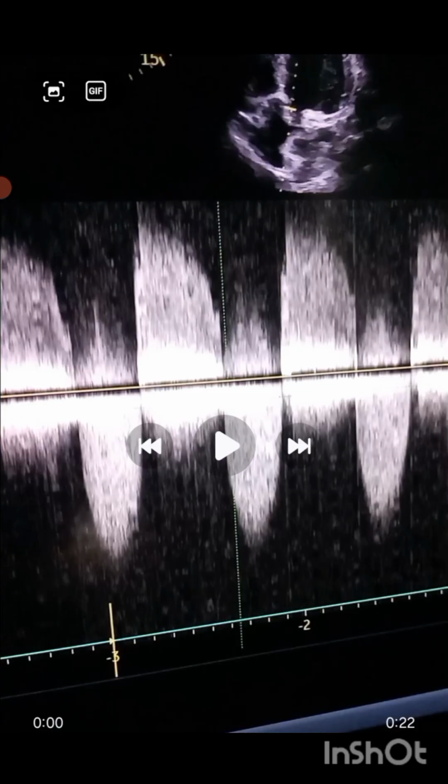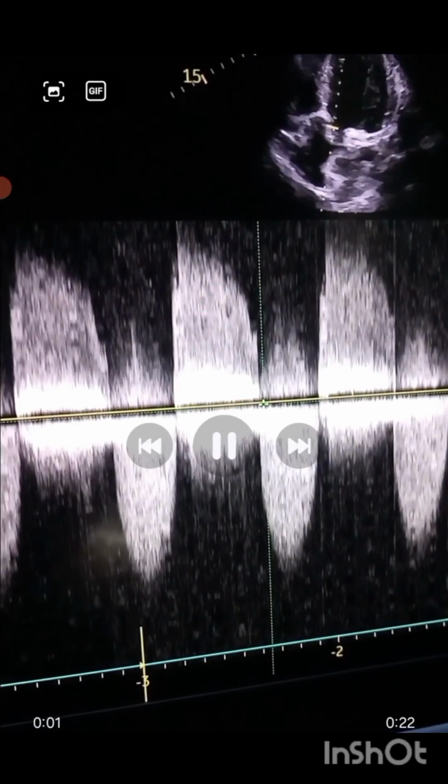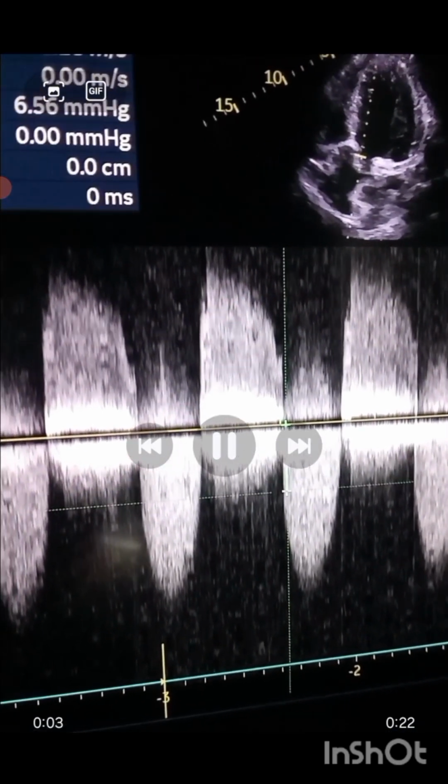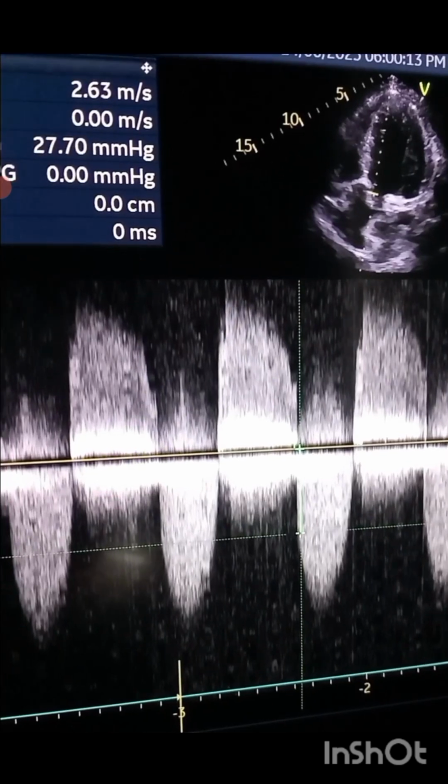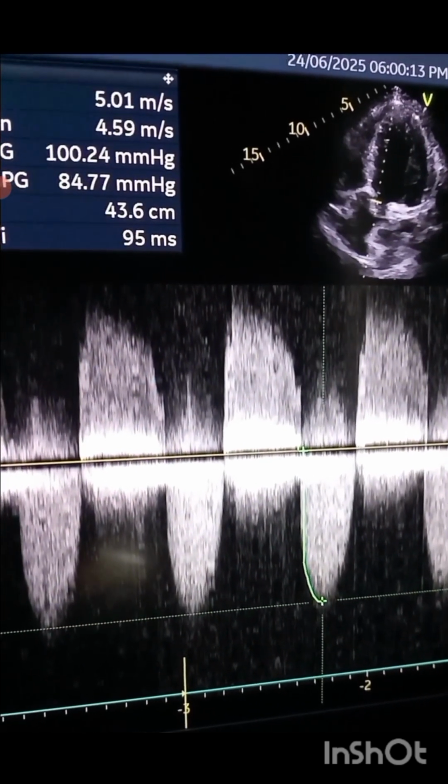The aortic regurgitant jet is in the diastole phase, and the aortic stenosis jet occurs in the systole phase. I will trace the whole envelope, and you will see what I get from this, from the start to the peak.